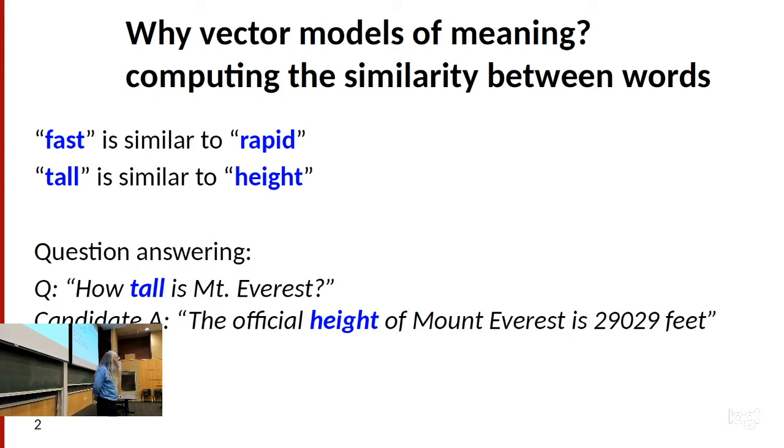Okay? You'd like, in some sense, fast and rapid to be closer together, so the distance between them is not as big as the difference between fast and slow, because they're opposites of each other. Okay? And same way with tall and height, especially if you're trying to find an appropriate sentence within a Wikipedia article that might answer a question. You'd like something to be not penalized if it talks about the height of the thing when you're looking for how tall it is, because these are related words.